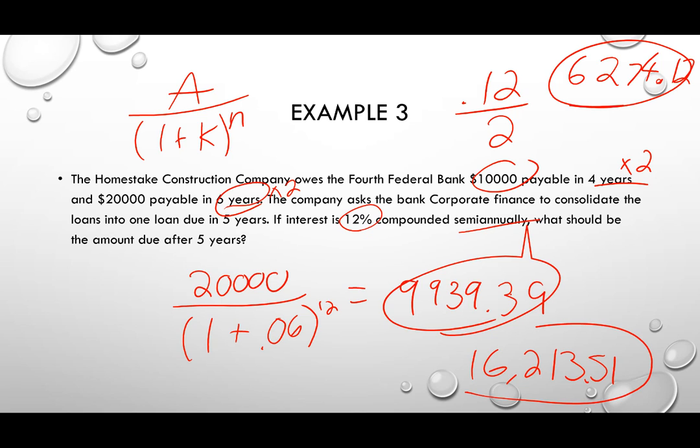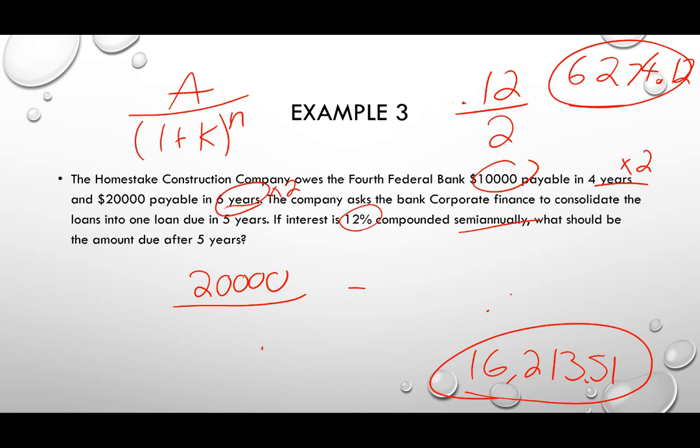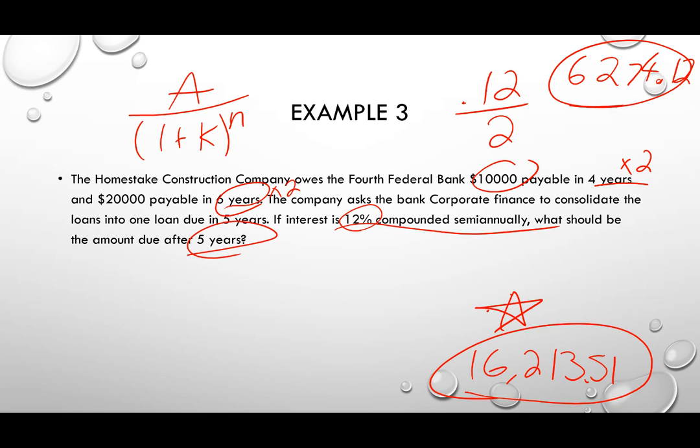Now, this is not our answer, but that's something we can use to help us find the answer. To finish this problem, to actually get our real answer, let's find out what the future value of this loan would be if we do it at what it suggested, which is 12% compounded semi-annually for 5 years.